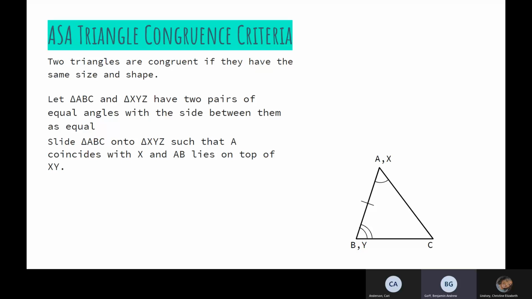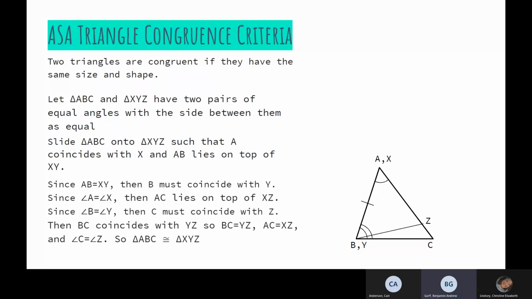Next, since angle BAC is equal to angle YXZ, then we know that line segment XZ must lie on top of AC. And now we know that C must coincide with Z.